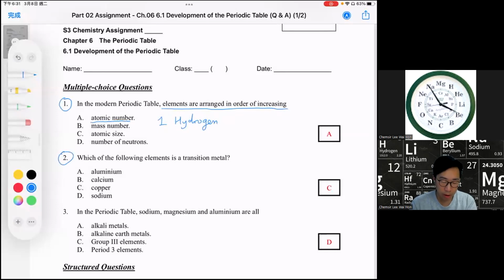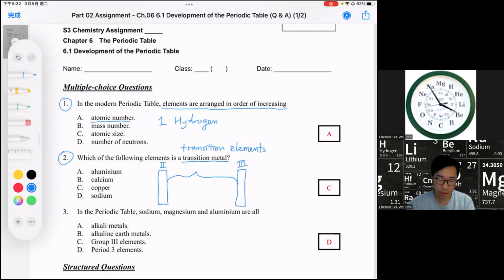Question number 2. Transition metals, or call them transition elements. Do you know where the transition elements are in the periodic table? They are located in between group 2 and group 3 elements.